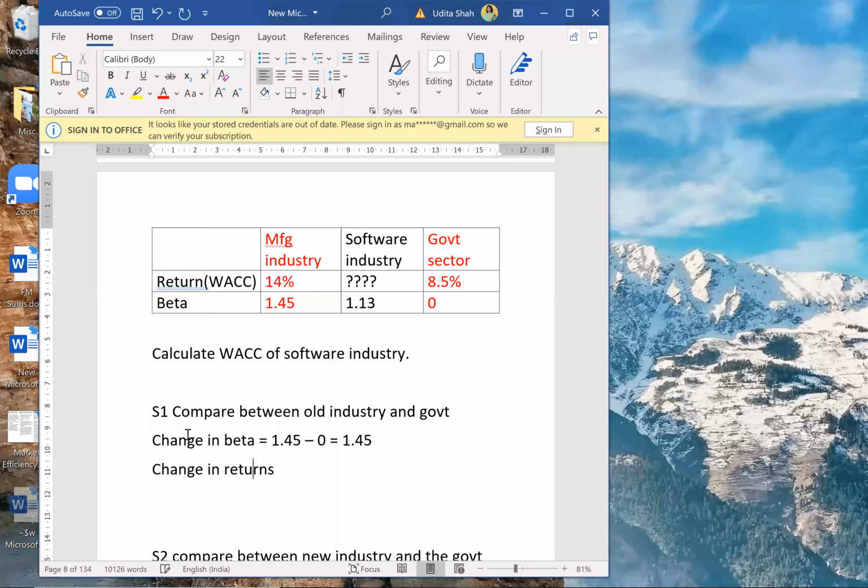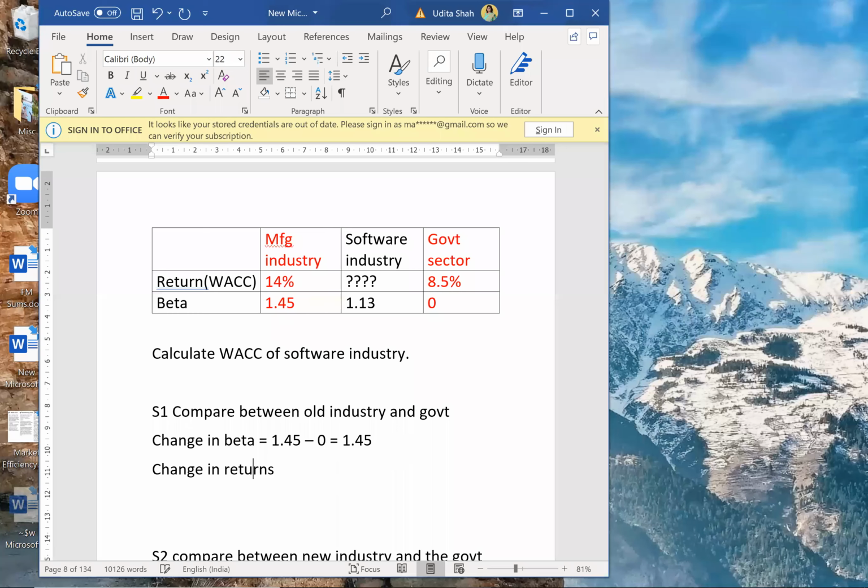Is this clear what I did? Oh, sorry, the government return is 8.5%, right?